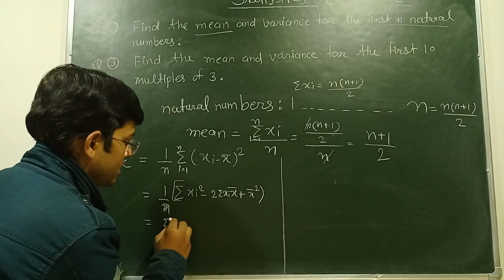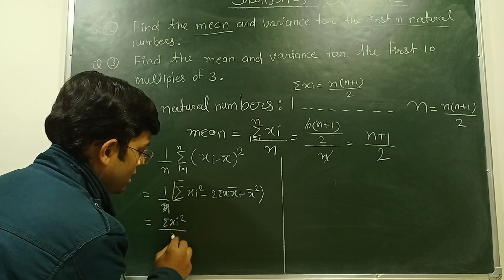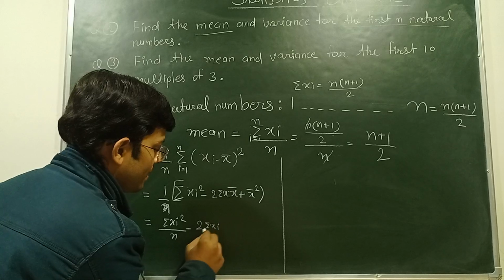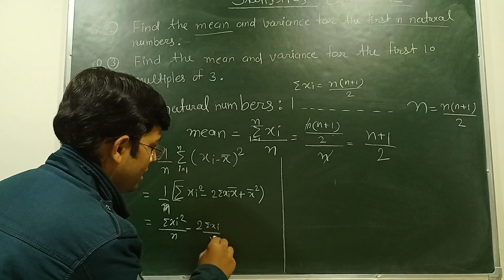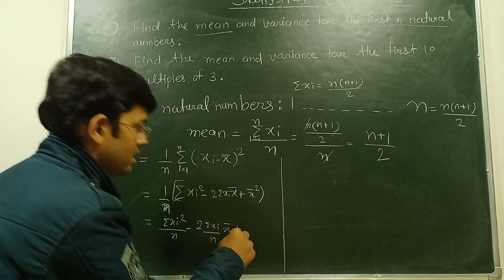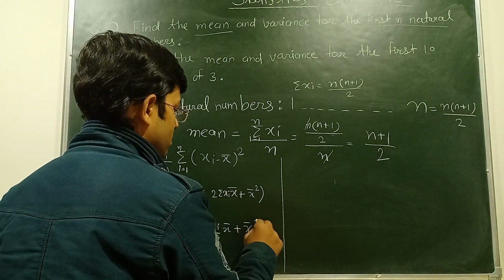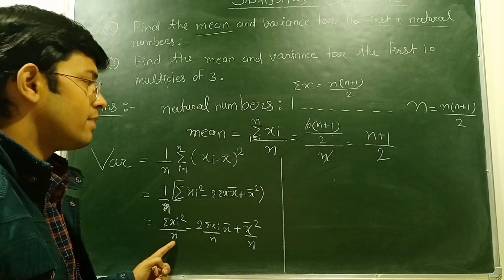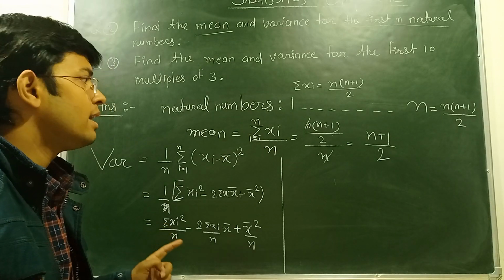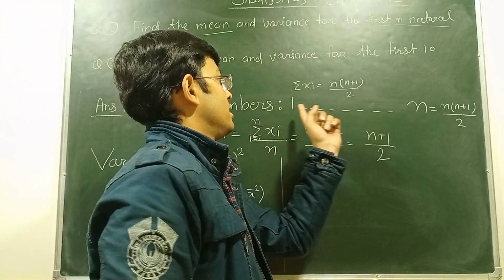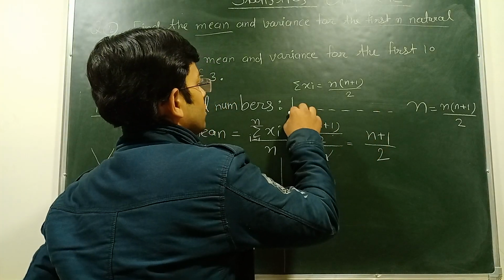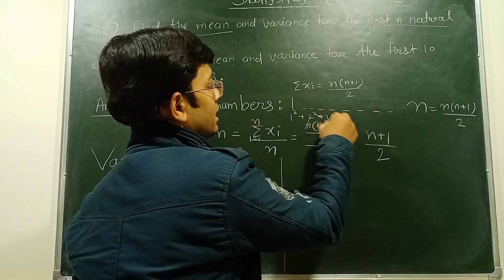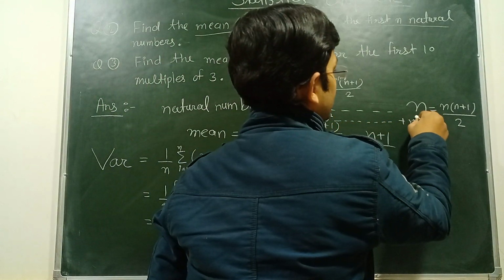So sigma xi square upon n, minus 2 sigma xi upon n times x bar, plus x bar square. So sigma x square divided by n: we can also write these terms as squares. So we have to write 1 square, 2 square, 3 square, up to n square.